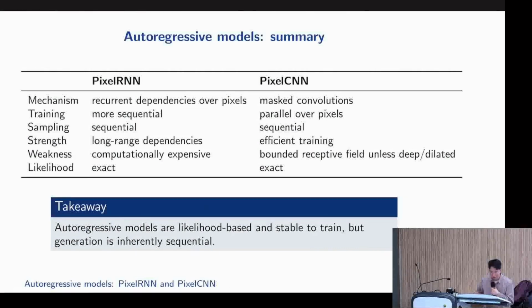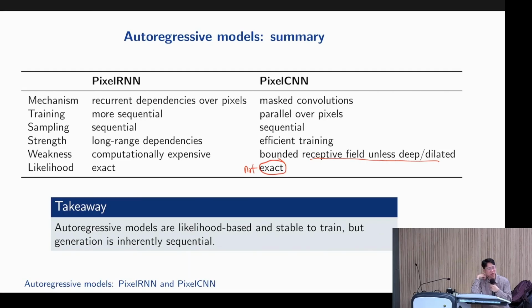So let's do a brief summary. So you could do RNN or CNN as the backbone model, and at least you can parallelize the training if you do pixel CNN. But okay, so here this is not exact. Sorry, I'm going to fix this. So weakness is it has bounded receptive field unless deep or dilated. So this means, this is similar to the sliding window attention thing we talked about.